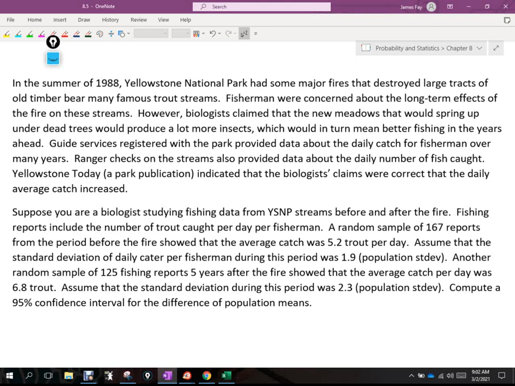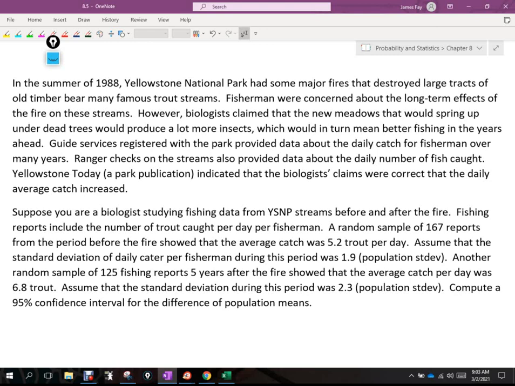This one says, in the summer of 1988, Yellowstone National Park had some major fires that destroyed large tracts of old timber near many famous trout streams. Fishermen were concerned about the long-term effects of the fire on these streams.